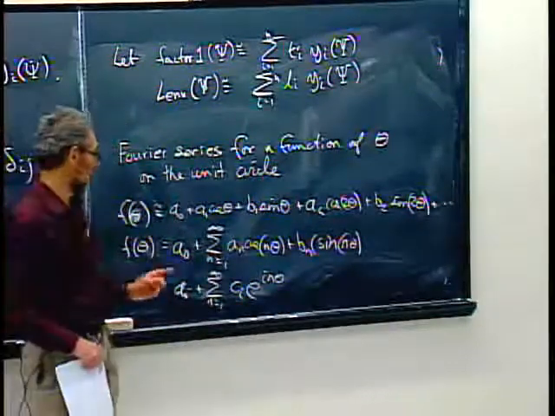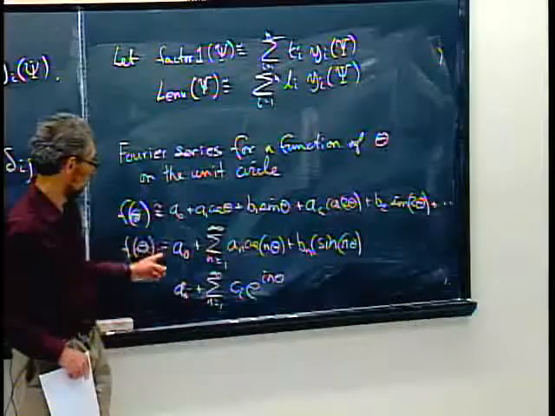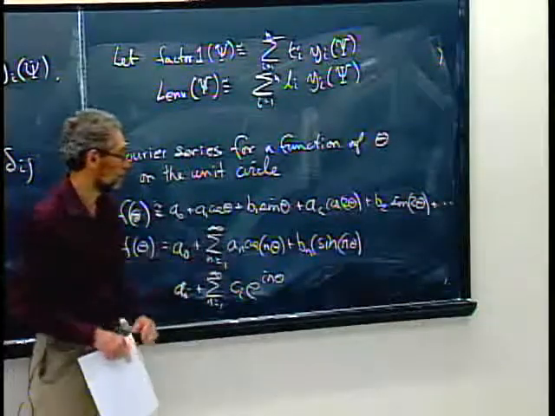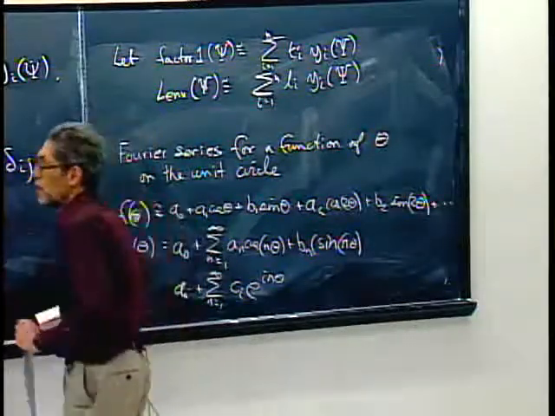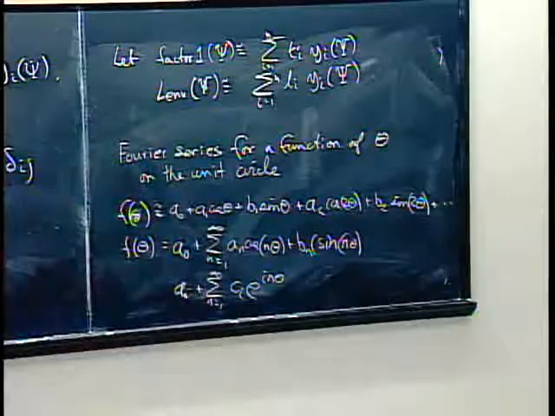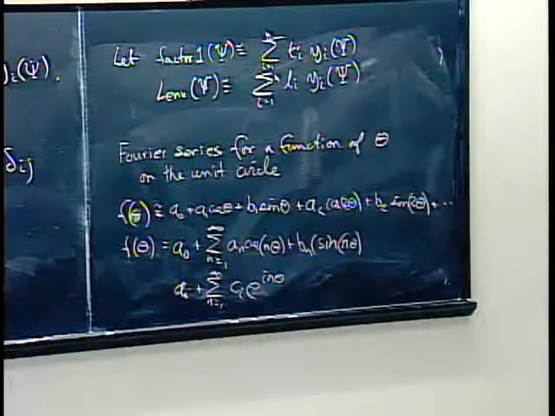And you can represent any function in the limit as infinitely many terms. So that's Fourier series. So spherical harmonics are the analogous basis functions on the sphere.